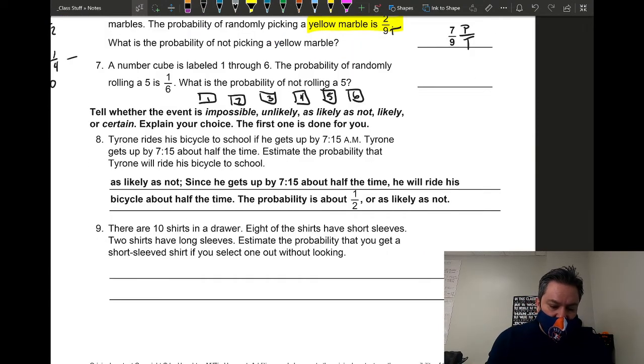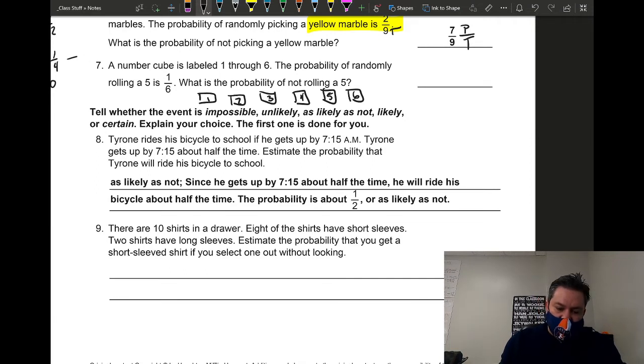And then if you read number 8, Tyrone rides his bicycle to school and gets up at 7:15 a.m. If he gets up by 7:15 about half of the time, estimate the probability that Tyrone will ride his bicycle to school. So if he gets up before 7:15, he will take his bike to school, correct?